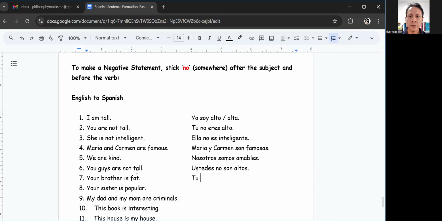Tu hermano es gordo. Tu, and this is no accent mark because this is the adjective tu, not the pronoun tú. Gordito. Do some exercise. Your sister is popular. Once again, we're not saying why she's popular, but she is. Tu hermana es, and it's the same in English. We just have a Spanish reading. Popular.